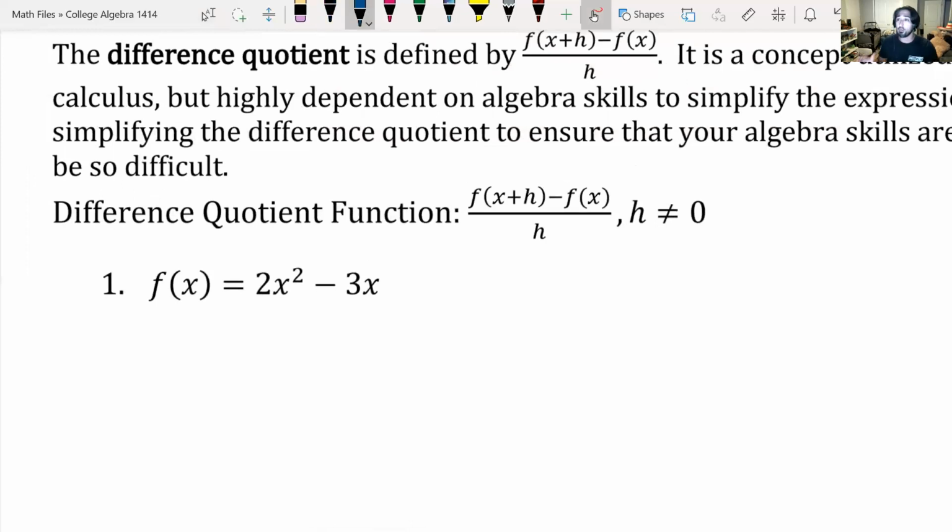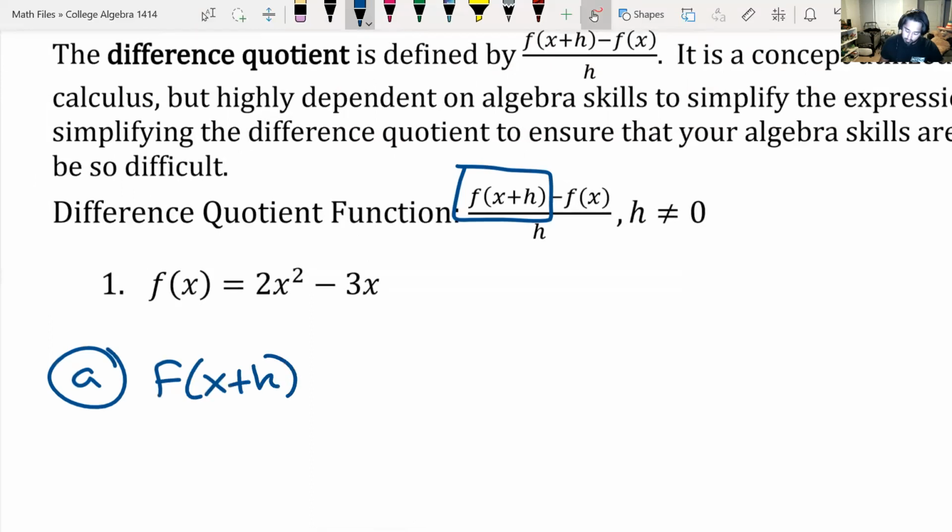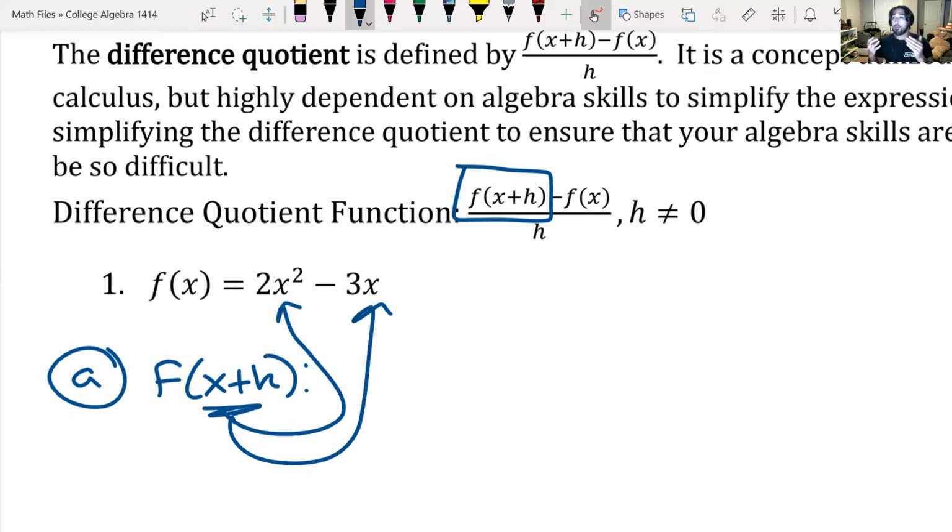Okay, so the way I like to do the difference quotient is I always start with the first piece. I always start with f of x plus h. What is f of x plus h? So we'll call this A. This means take x plus h and plug it in for every x into this function.